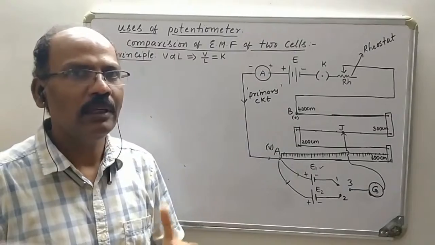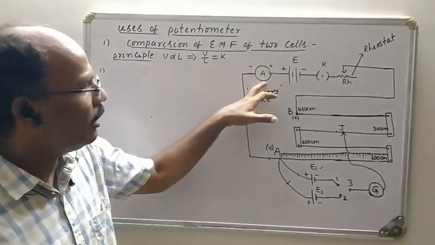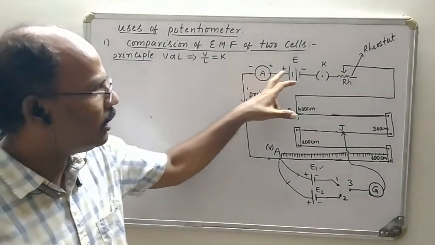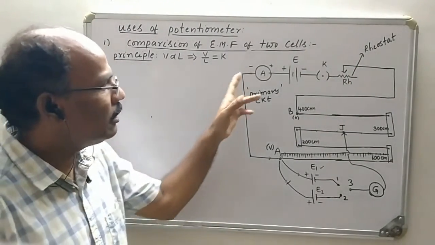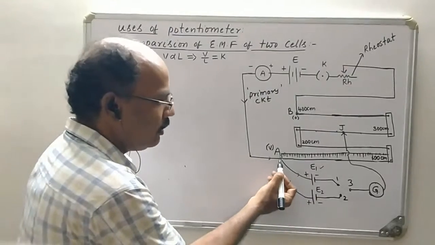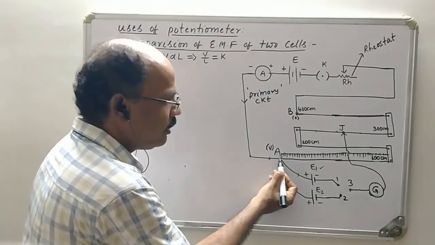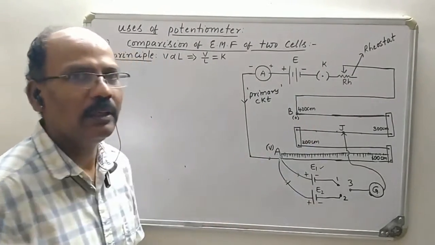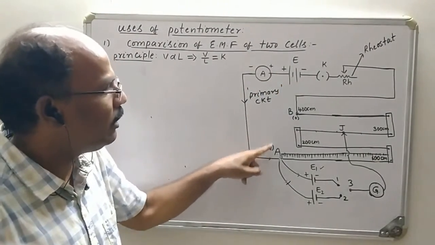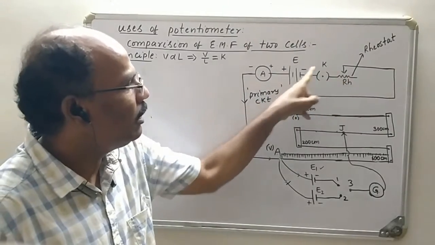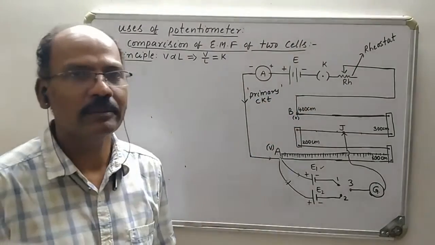That current can be measured by using an ammeter. These are all connected in series combination, and the end points of the series combination are connected across point A and point B. Point A is connected to the positive polarity of the battery and B is connected to the negative polarity of the battery.